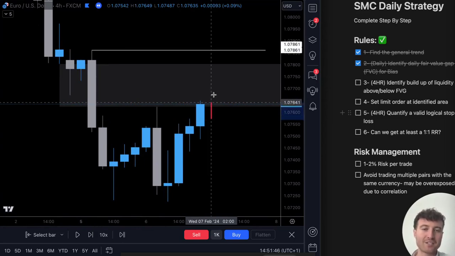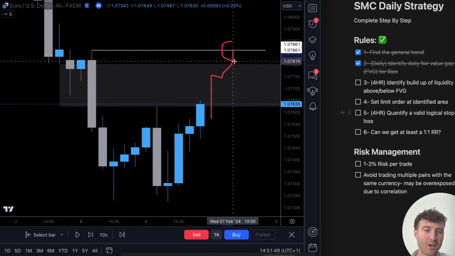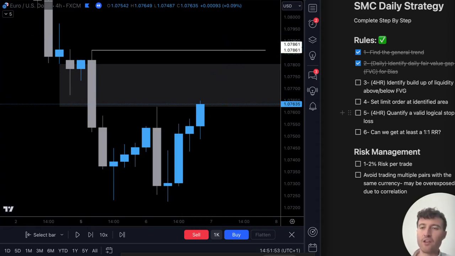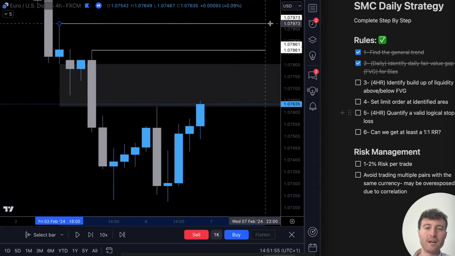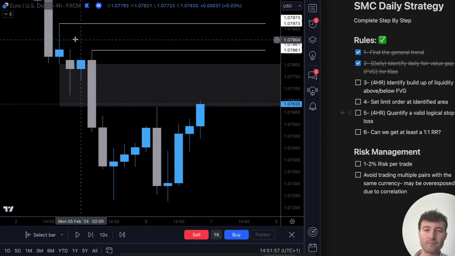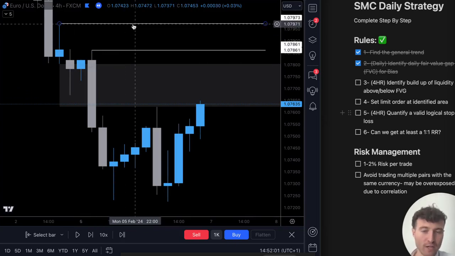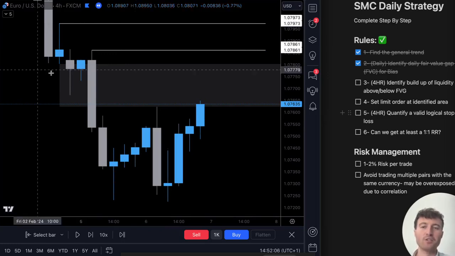Understand that buyers, the buy stops, are going to be resting above this level right here. I can also see another level of liquidity right here in the form of this wick. These are two potential areas where we would expect price to reverse from, because these are areas of liquidity.